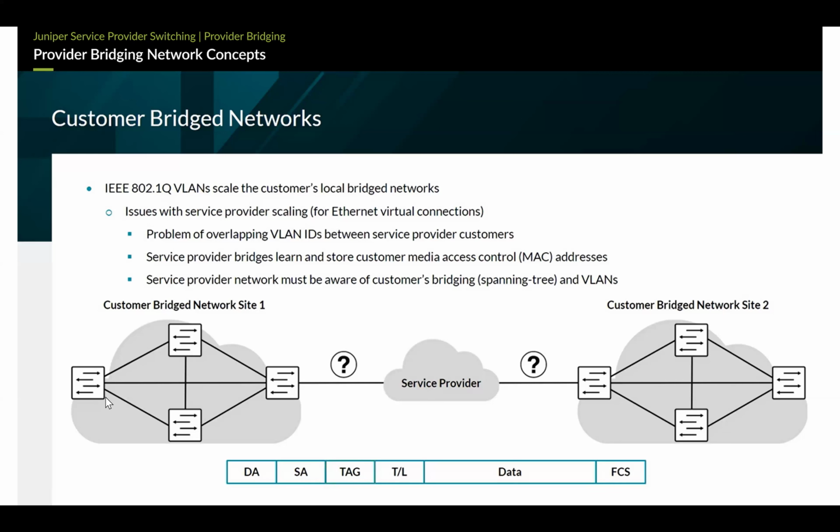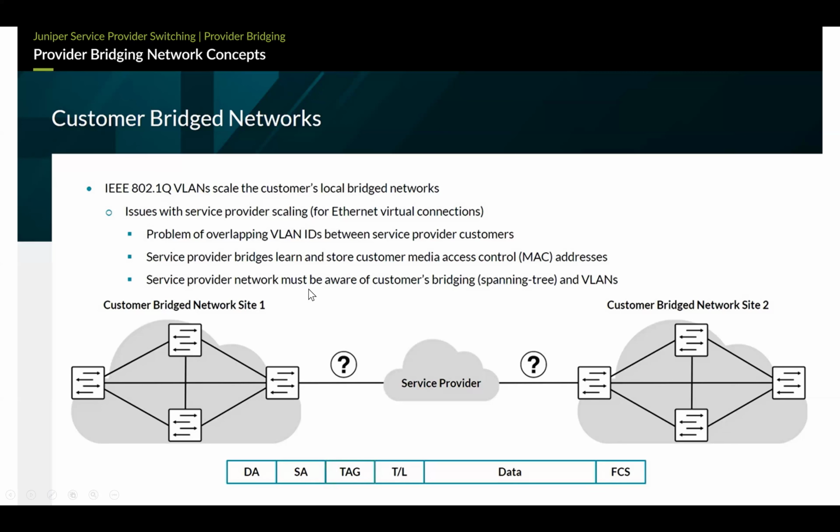Okay, so service provider layer 2 domain and customer layer 2 domain are directly connected with each other. So there will be some problem. Okay, if the customer has a certain problem in a certain VLAN, that will be forwarded to the service provider network. Okay, that's the problem. So service provider must learn and store customer media access control, that is MAC addresses.